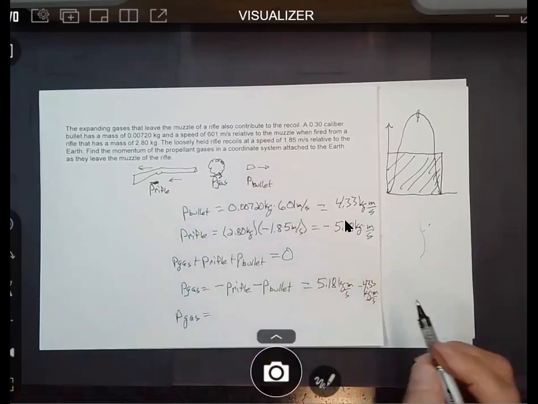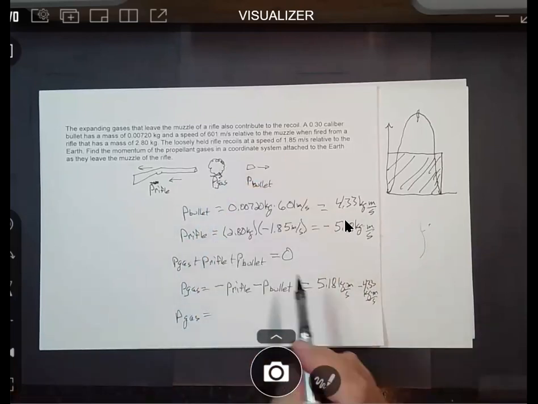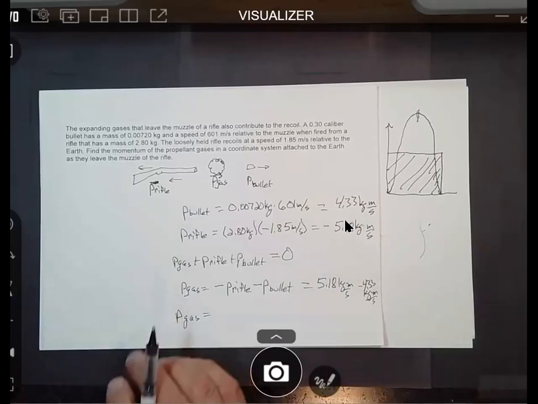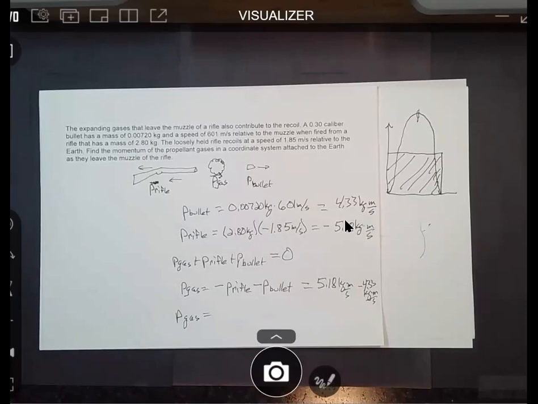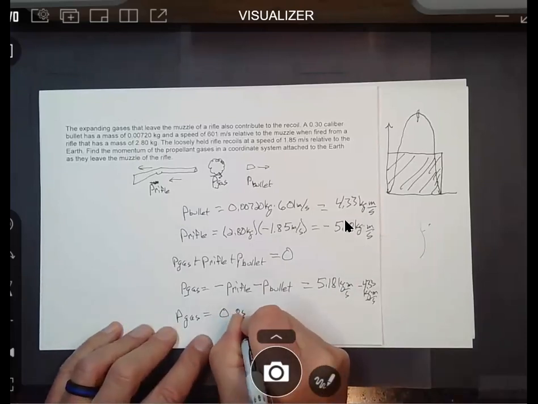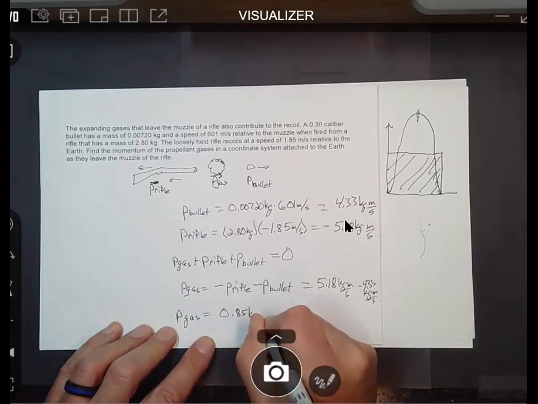It's also exiting the barrel of the rifle. All right, then 5.18 minus 4.33. The number doesn't matter. It's just 0.85 kilogram meters per second.